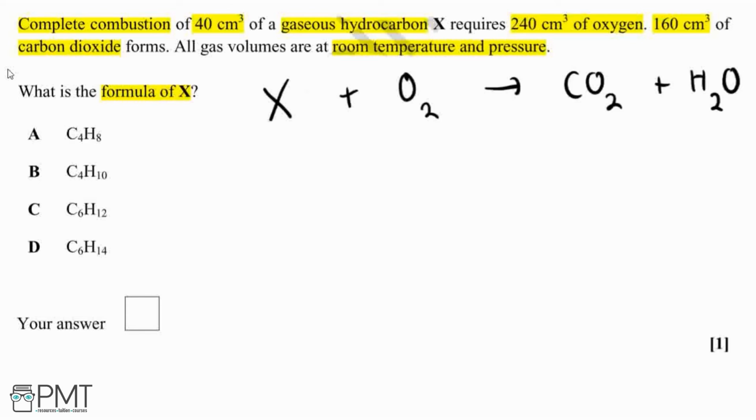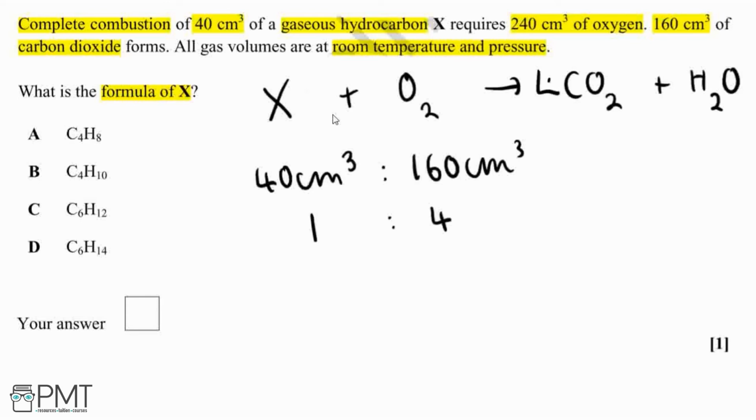So now let's start to look at some of these mole ratios to identify the ratios within the equation. We've been told that we've got 40 centimetres cubed of hydrocarbon X, and therefore the ratio of X to our carbon dioxide, we've got 40 to 160, and this goes down to a 1:4 ratio.